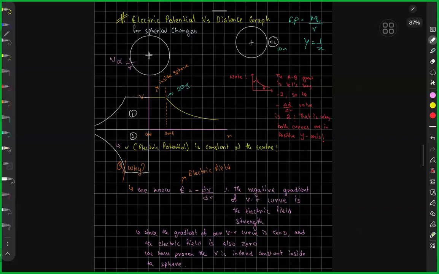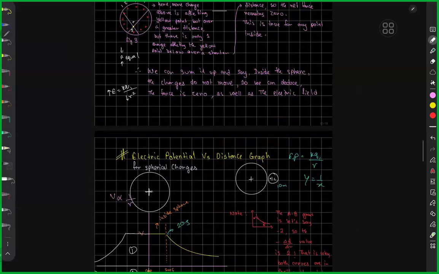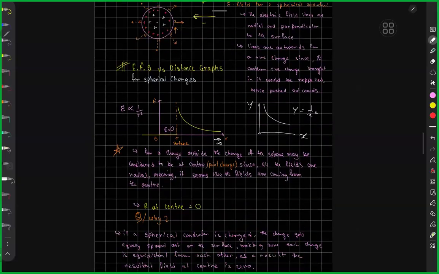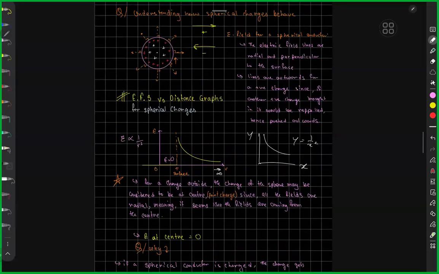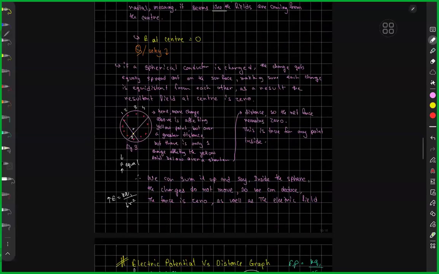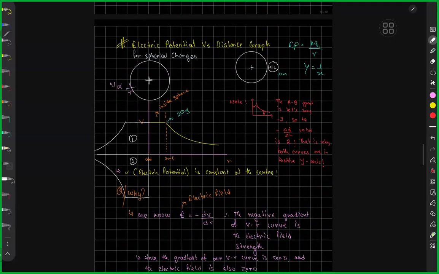Okay, so here's the thing. This is why I have asked it, because I don't know if the question paper will ever be this tricky, but I'm just saying. Force is a vector quantity, and this is where direction matters. When you're talking about potential, it talks about energy.